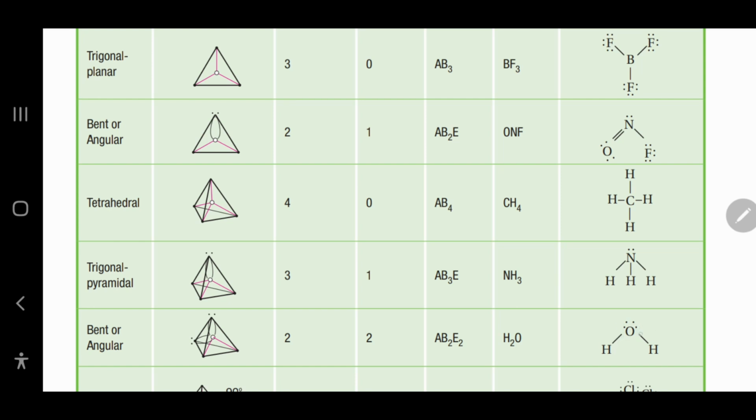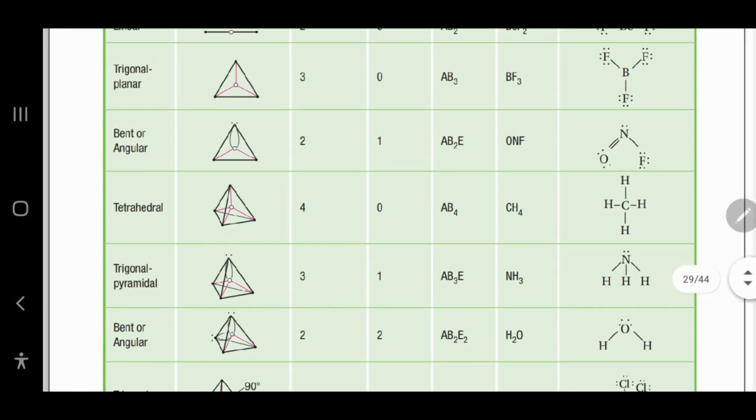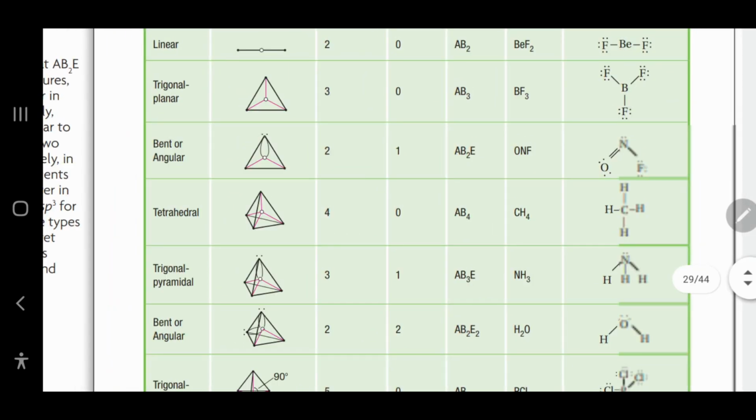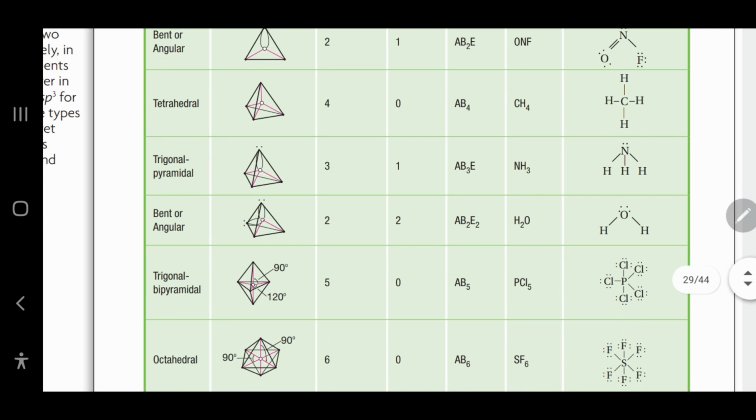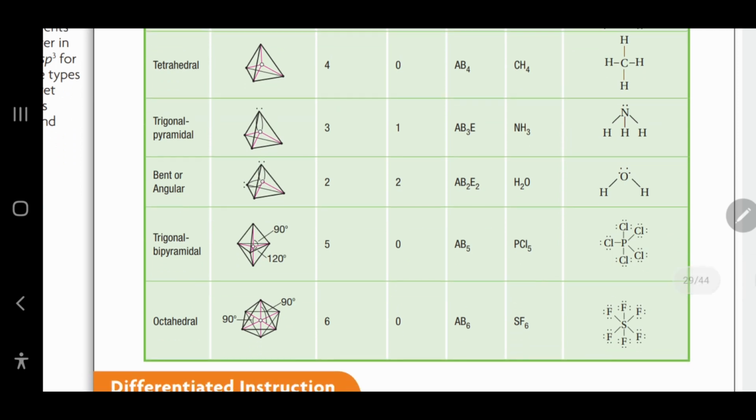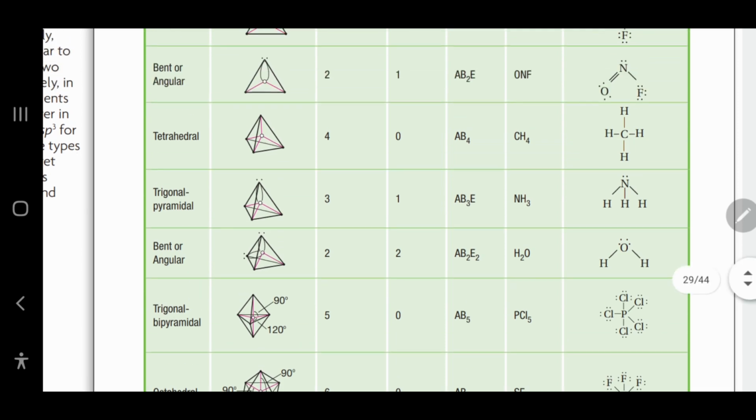They will cause repulsion and push the bonds to the other side to decrease repulsion, so we'll have bent or angular. I hope guys that you just focus on these shapes. Of course, we have here other examples, like when we have AB5, we will have trigonal bipyramidal, or if we have AB6, this shape here, then we will have an octahedral shape. Hope that you get it.